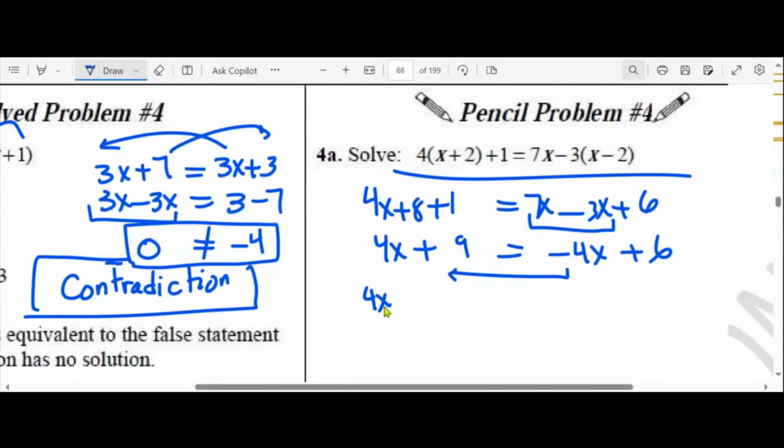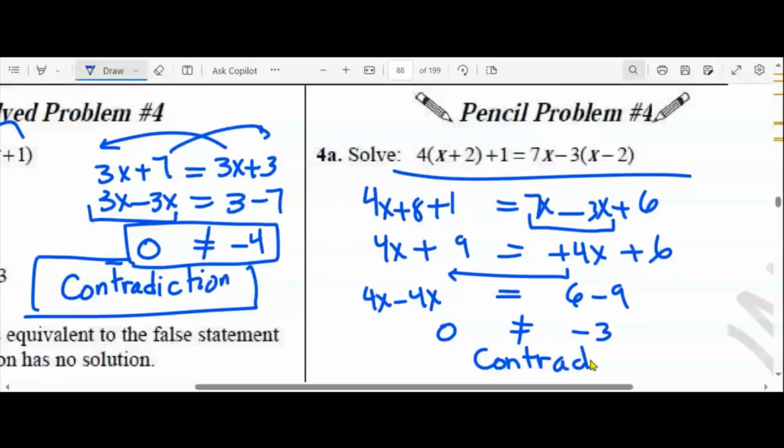Why is it negative 4x? Shouldn't it be positive 4x? Yes, you're right. So now what are you going to get here? This is not true, right? In this case, we say what? Contradiction. Easy?